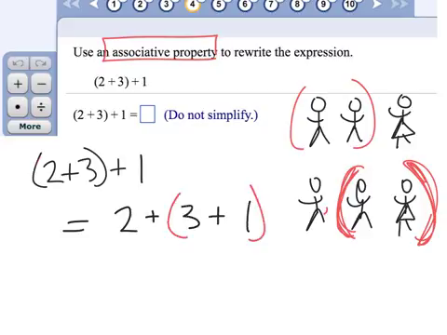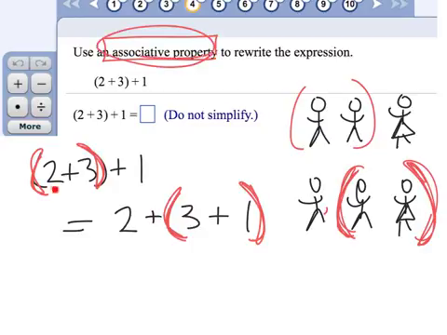Instead of having the 2 and the 3 being grouped, we're going to rearrange it so that the 3 and the 1 is being grouped. The associative property generally means the numbers themselves stay in the exact same order, and it's just the parentheses that are moving around. We're changing which 2 numbers are being associated.